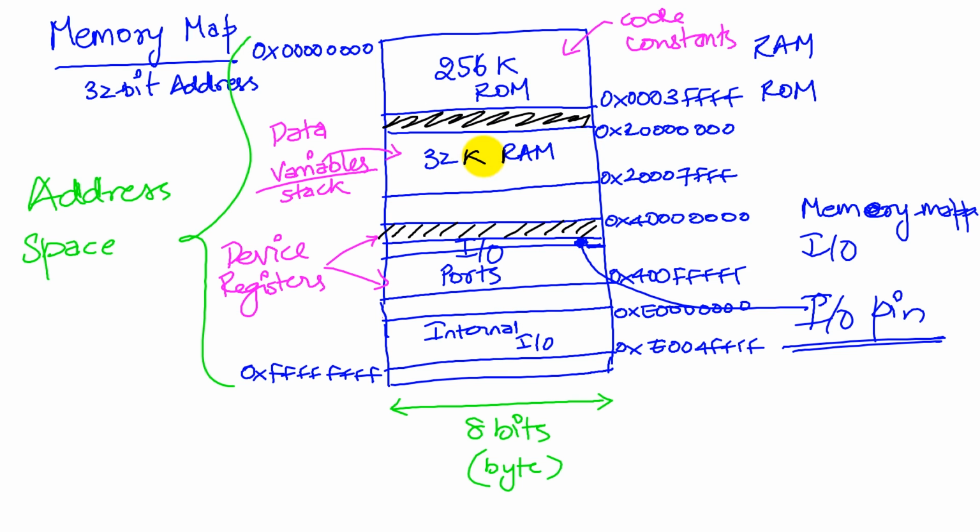Notice that the 32K RAM and the 256K flash leave out whole chunks of empty space in between. And so as a convenience, I'm showing this as if they were all contiguous and of a certain size, but in reality there is a lot of empty space that we are referring to.